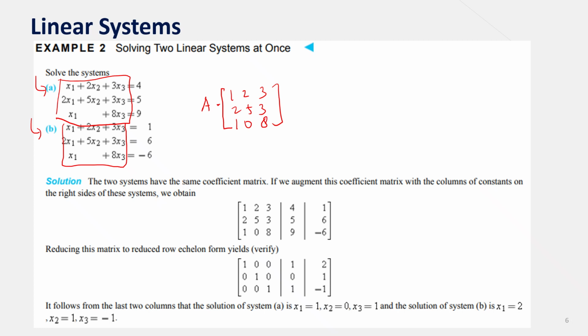And then we are going to find the value of x. However, we have a different right hand side here. Yeah, the value of B, the right hand side, is different for both.